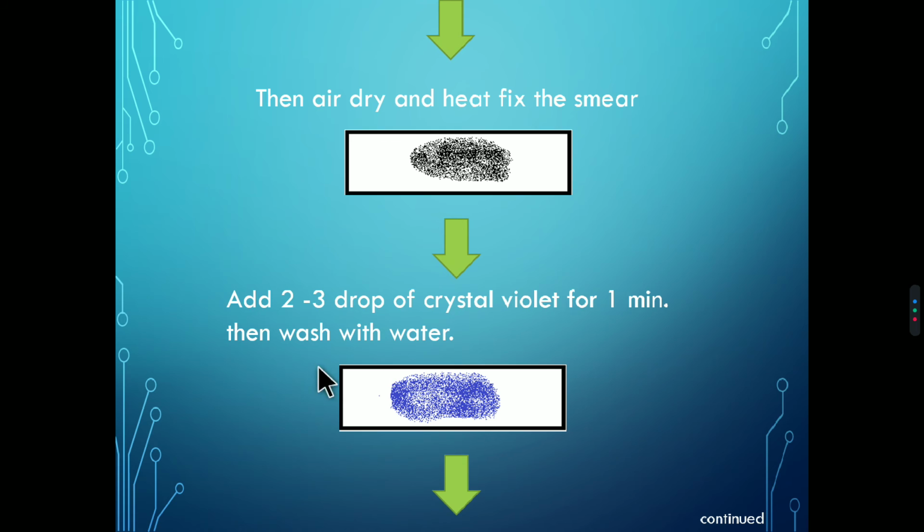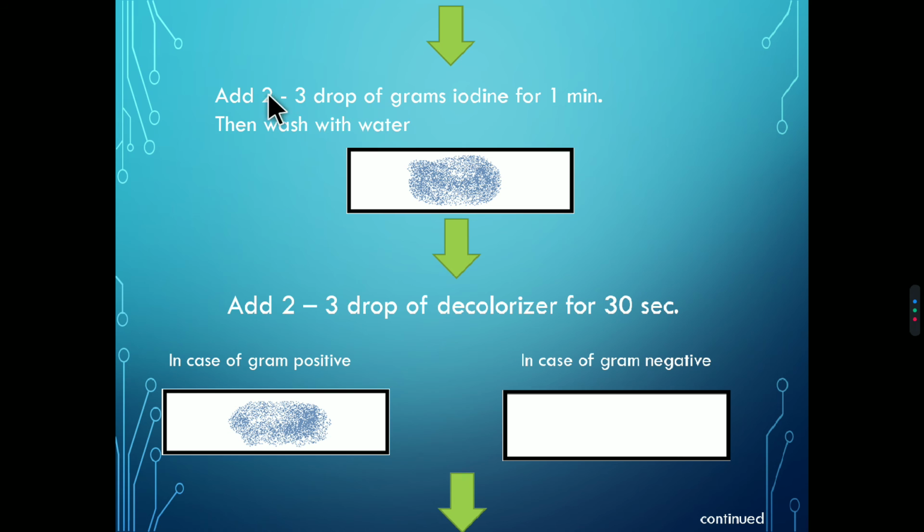Then wash with water to remove extra color. Then add 2 to 3 drops of gram iodine solution for 1 minute. The mechanism is that on contact with the bacterial cell, it forms a complex which is not removed easily. Then wash with water.